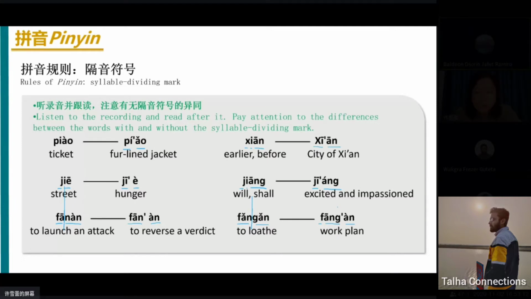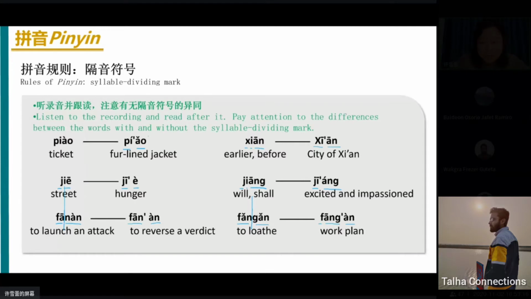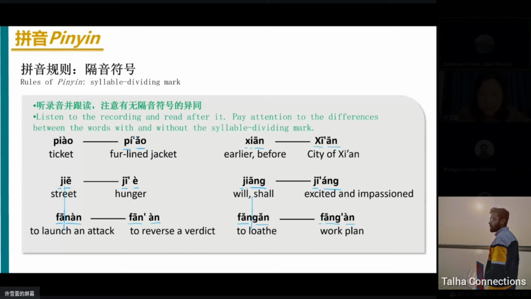So you may find that the syllable dividing mark usually appears before a syllable that only consists of a final.